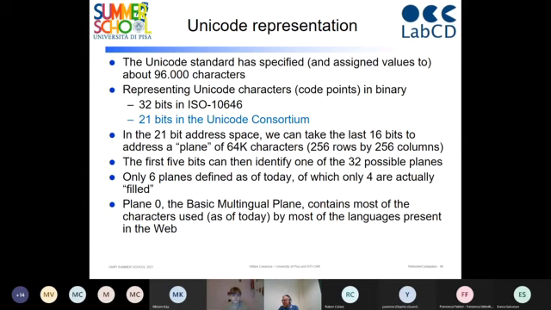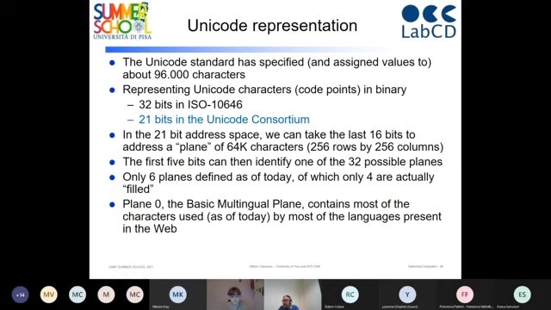So with 21 bits, you can represent more than 2 billion different symbols. And today they have defined only about 96,000. So there is really room for expansion.